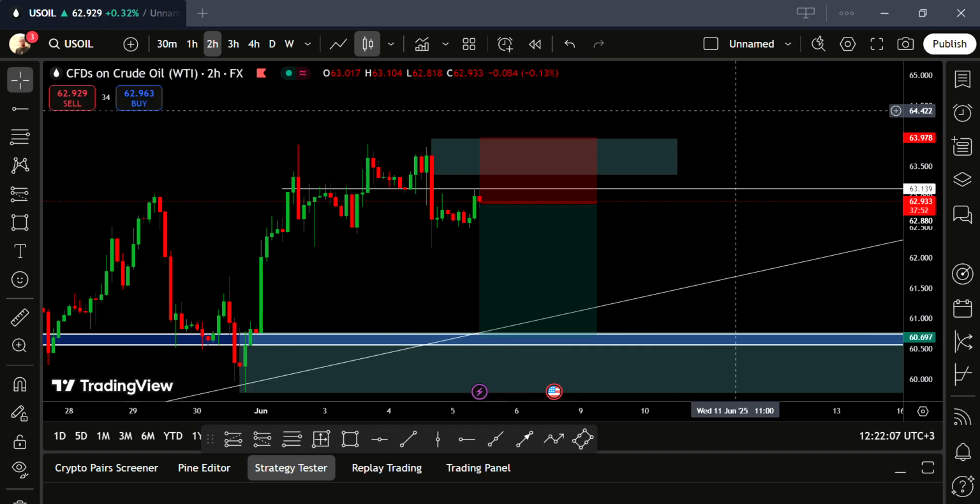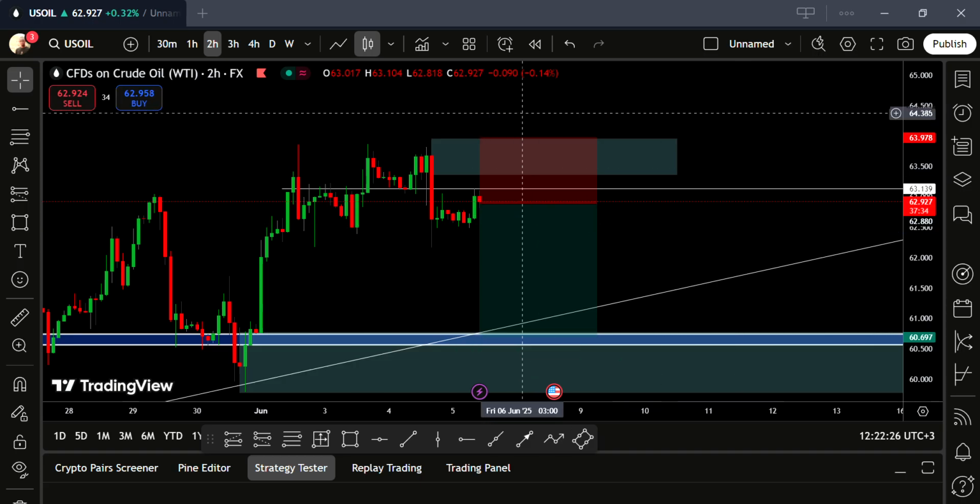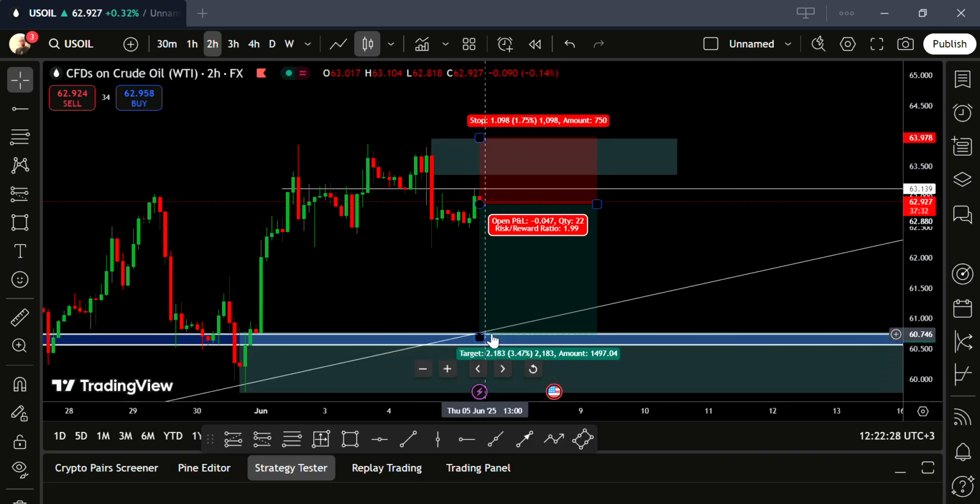Then stop losses go above here. 10 pips, then take profit is 20 pips. So guys, I'm already in this trade, selling US oil up to around here, and then we shall be buying it to the upside.